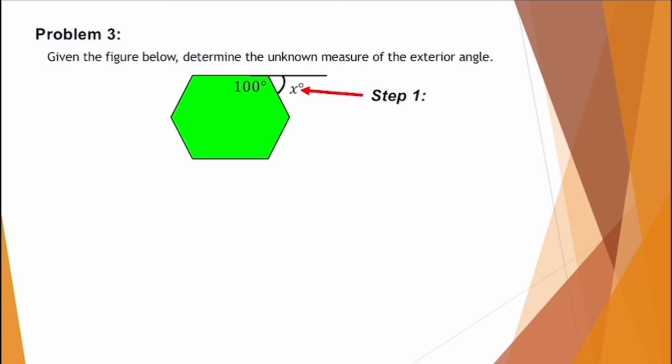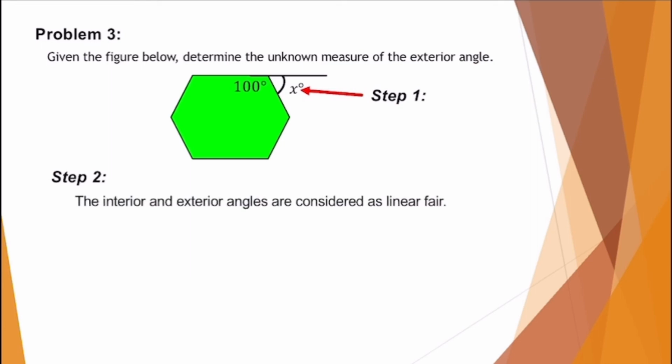For our step 2, notice that in the given figure, the interior and exterior angles are considered a linear pair. In other words, they are two angles created along one line when two lines intersect. And since they form a line, the sum of their measures is always 180 degrees.